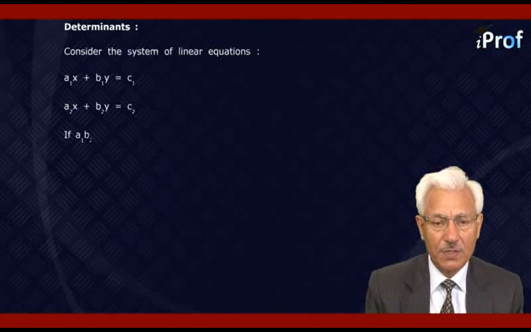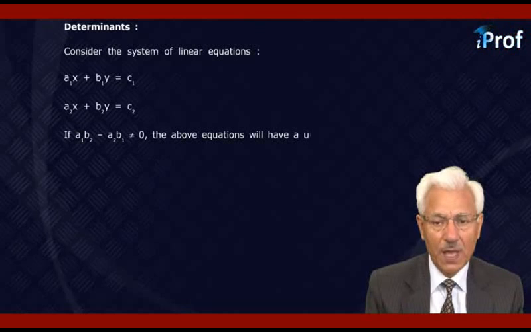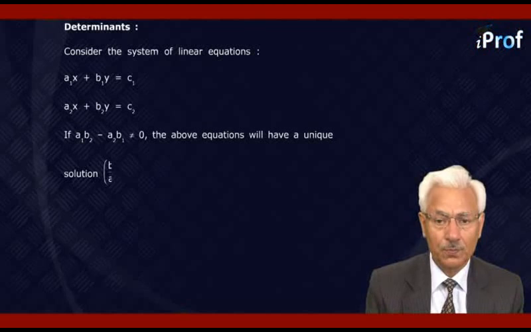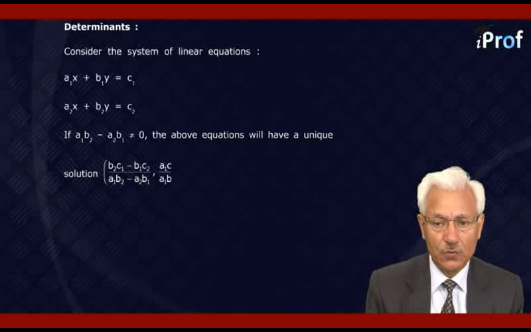If a1b2 - a2b1 is not equal to 0, the above equations will have a unique solution. The solution is (b2c1 - b1c2) / (a1b2 - a2b1), (a1c2 - a2c1) / (a1b2 - a2b1).